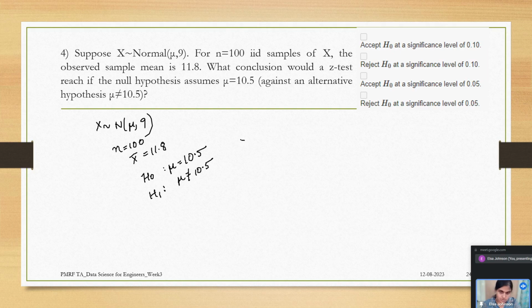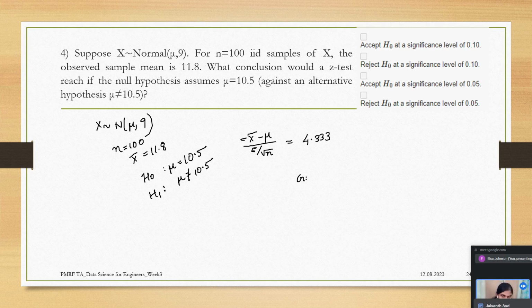For Z score you can give x bar minus mu divided by sigma by root n, and it will be coming around 4.333.